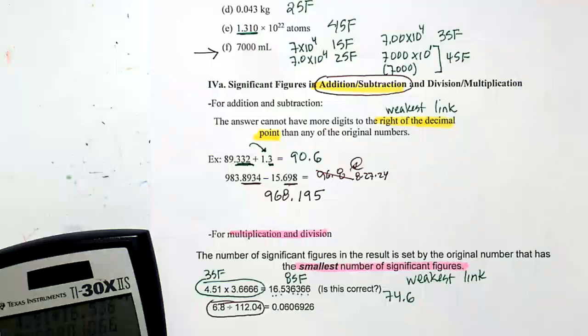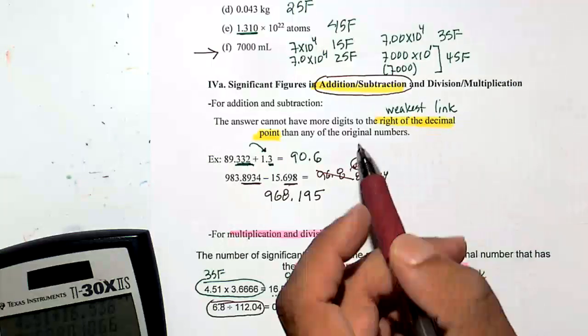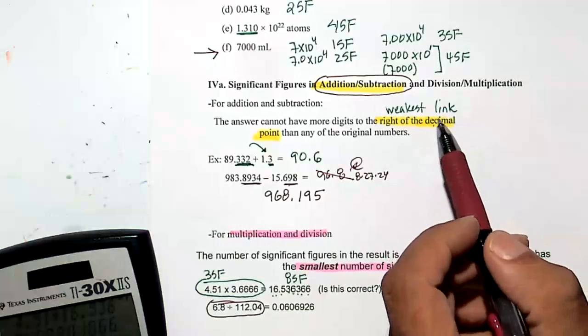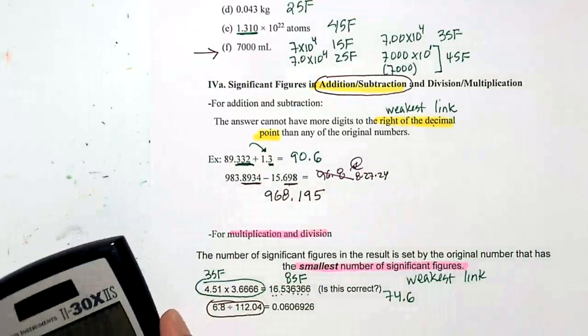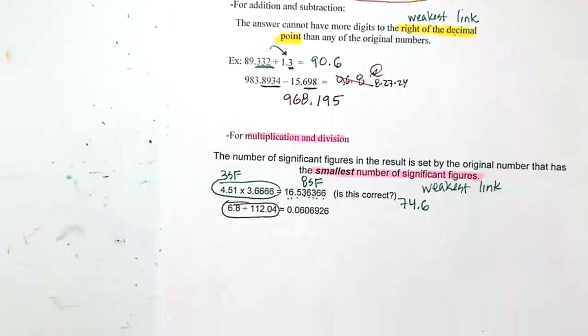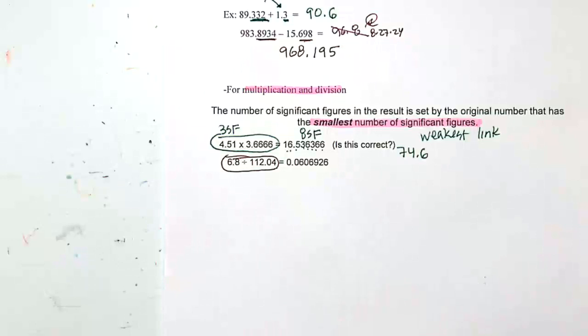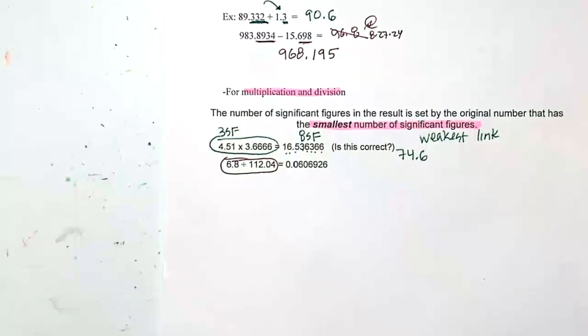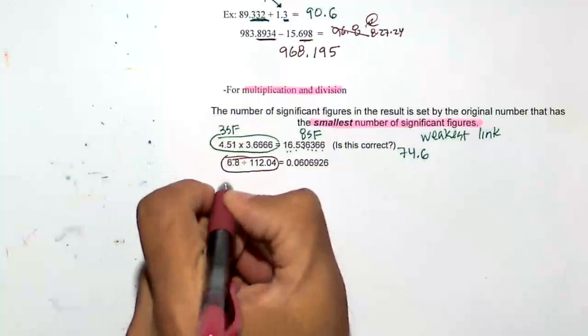Yeah, that's the rule. Good question. For addition or subtraction, the weakest link is the number of decimal places. For multiplication and division, the weakest link is the number of significant figures.